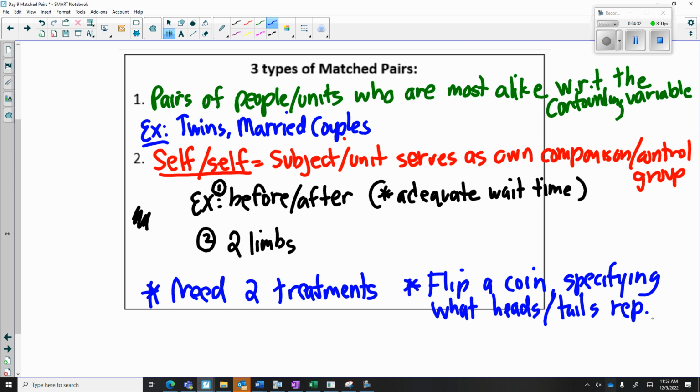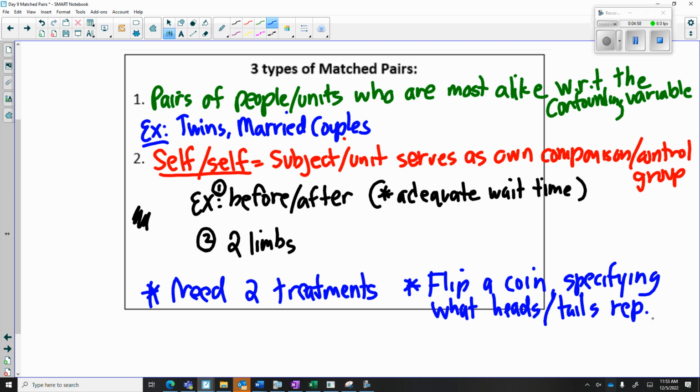Okay, so if I go back to self-self, the before and after, the example that we talked about today was measure how far someone jumps before and after taking an energy drink. So we said the 2 treatments were the energy drink and water. So we would flip a coin to decide on the order of which they would be doing either the energy drink or the water.